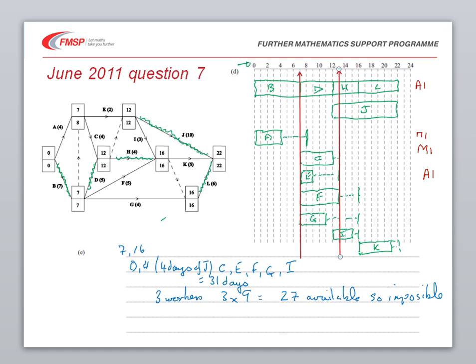Now if we do that, we can see therefore, if we move the other arrow in, that there are going to be more than 3 things happening at this point here. So a different type of argument this time, looking at what happens if we had 3 workers, would be to say that on day 13, H, J and I must be happening. But if that happens, we can't actually move F sufficiently to avoid using 4 workers earlier on.